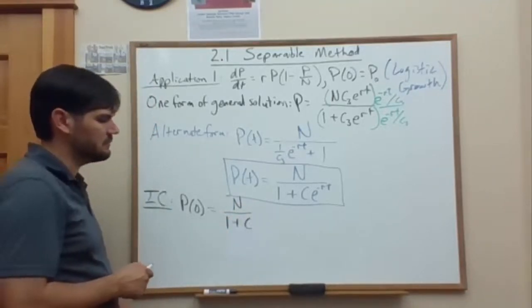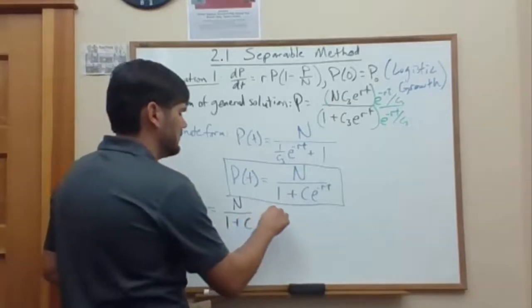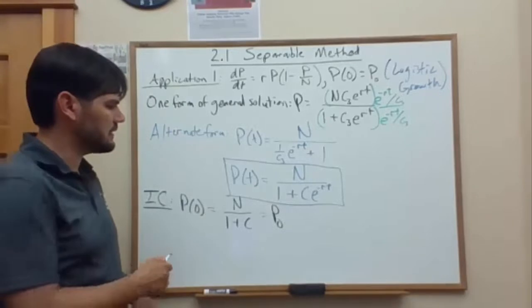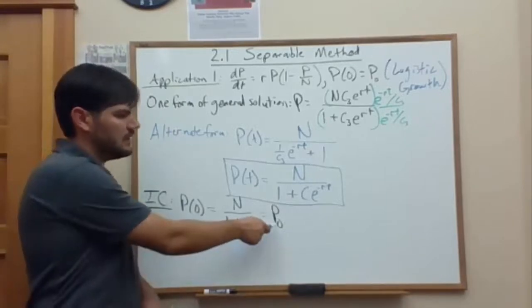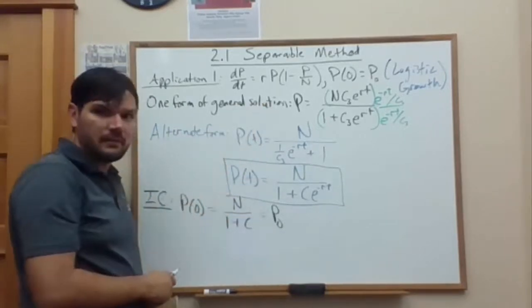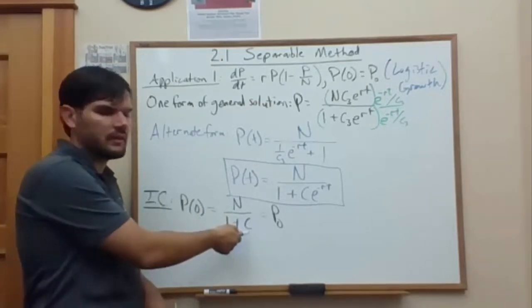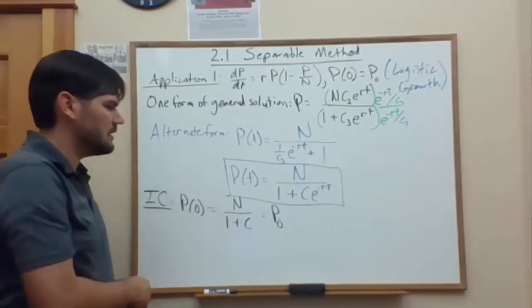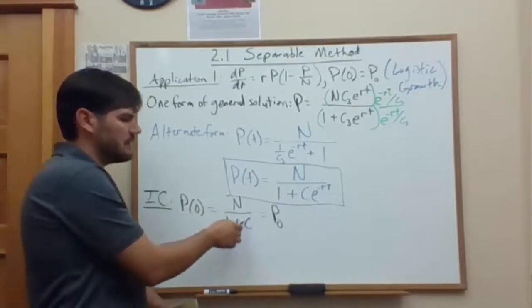E to the 0 is 1. Should equal P naught. Now there's a number of variables here. P naught is the given parameter. C is the arbitrary constant.